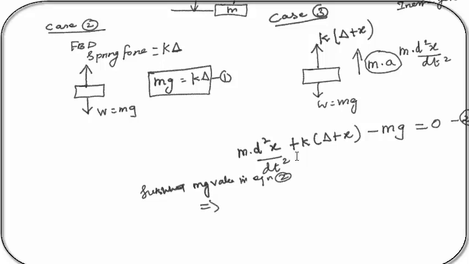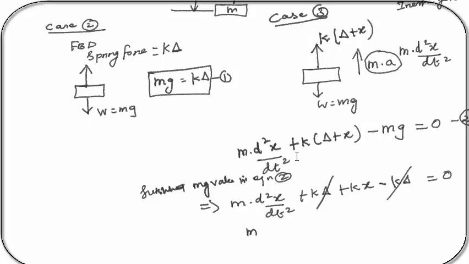So it becomes m d square x by dt square, and I'm just going to expand this term also, that is k del plus kx. And here it is minus mg, which is equal to k del, is equal to 0. So now these two terms get cancelled. So the final equation becomes m d square x by dt square plus kx is equal to 0.